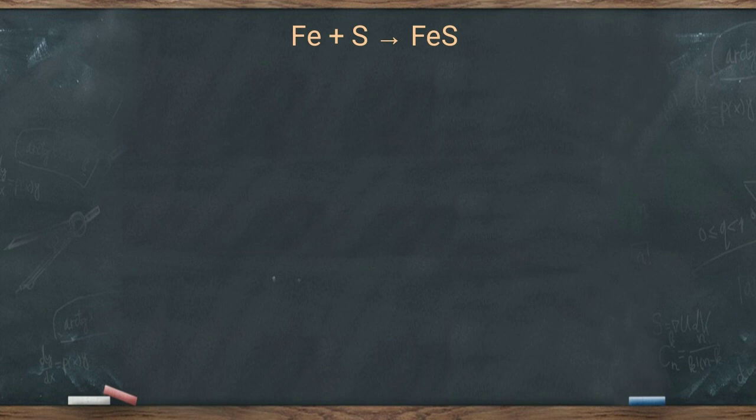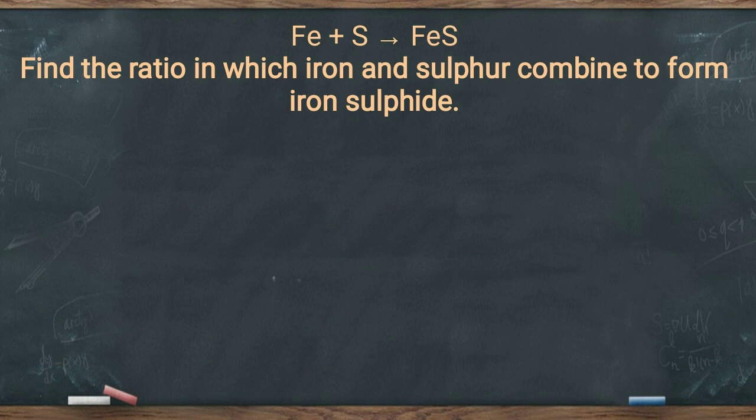Now consider the reaction of iron with sulfur to produce iron sulfide. We have to find the ratio in which iron and sulfur combine to form iron sulfide. For this, firstly we must know the mass of iron and sulfur involved in this reaction from the balanced chemical equation. The balanced chemical equation indicates that there is only one atom of iron involved in the reaction.